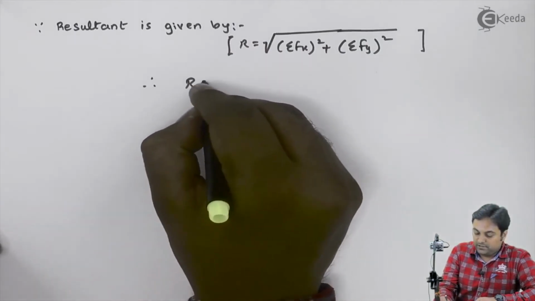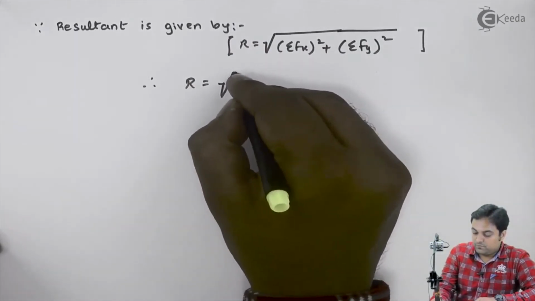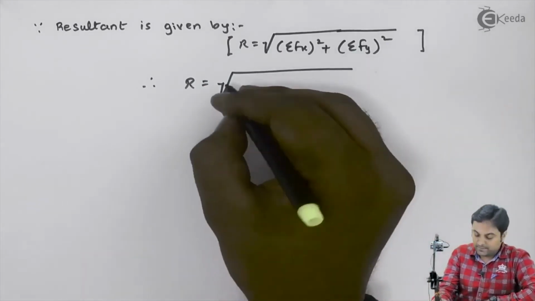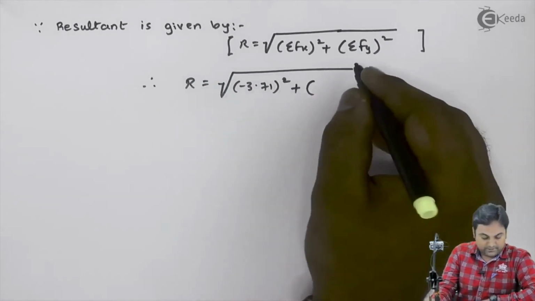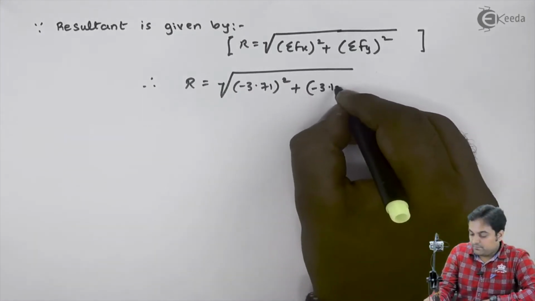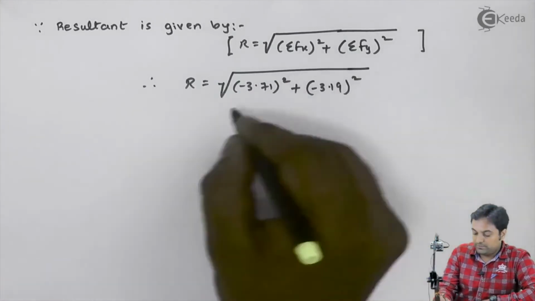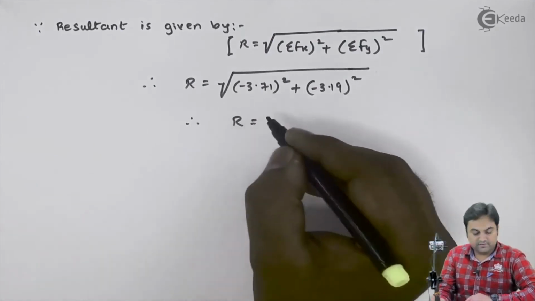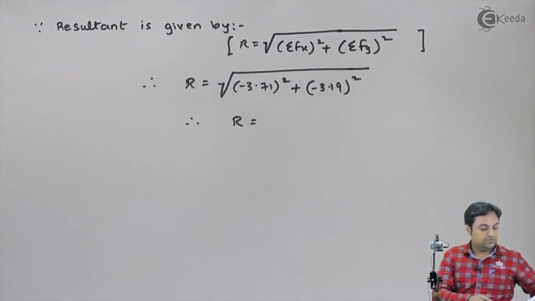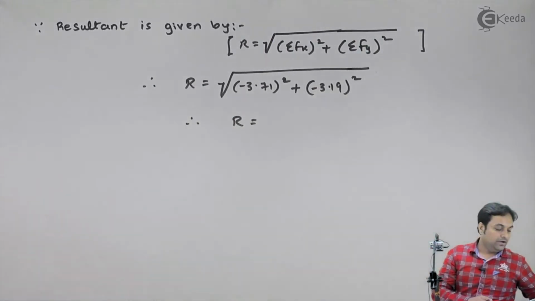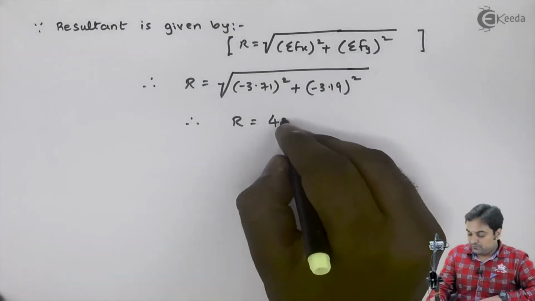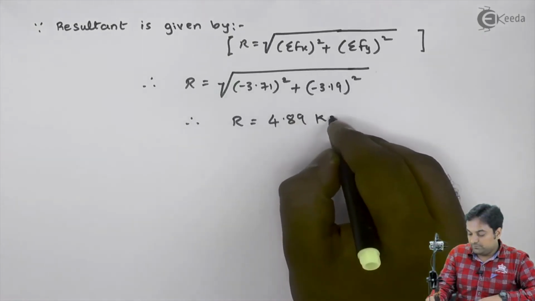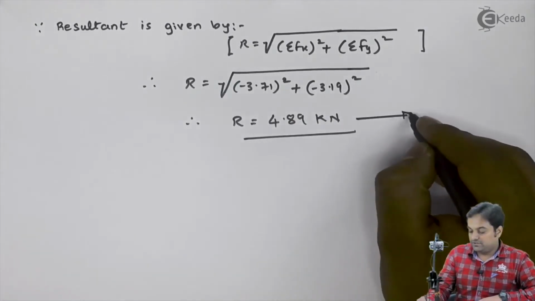Therefore, capital R is equal to square root of minus 3.71 whole square plus minus 3.19 whole square. So I get my value of the resultant, which comes out to be 4.89 kilonewton. 4.89 kilonewton, my first answer.